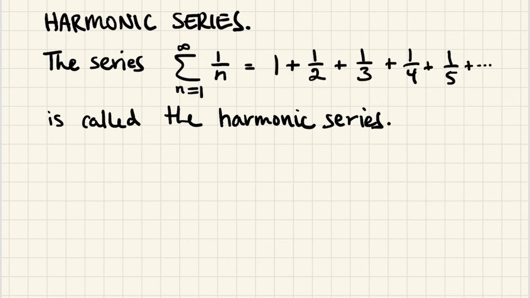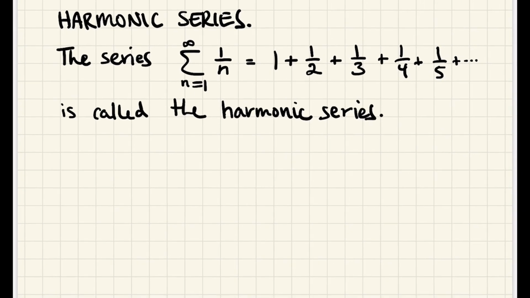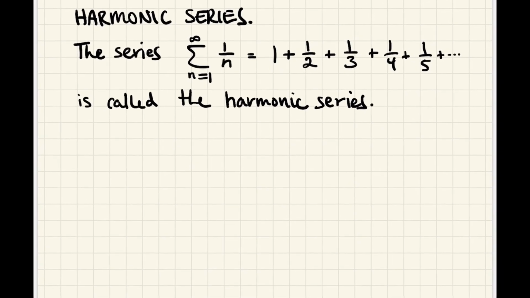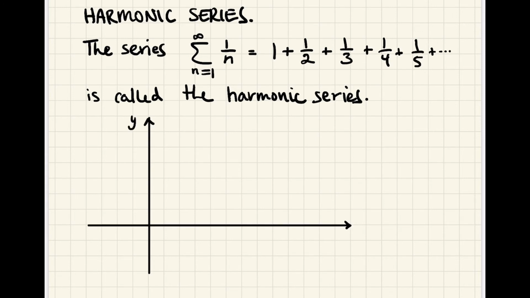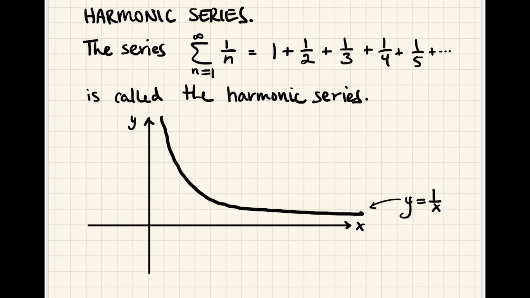So let's see why this is a divergent series. Now, what we're going to do is we're going to sketch the graph of 1 over x. This is 1 unit right here, because 1 over x goes through the point 1, 1.